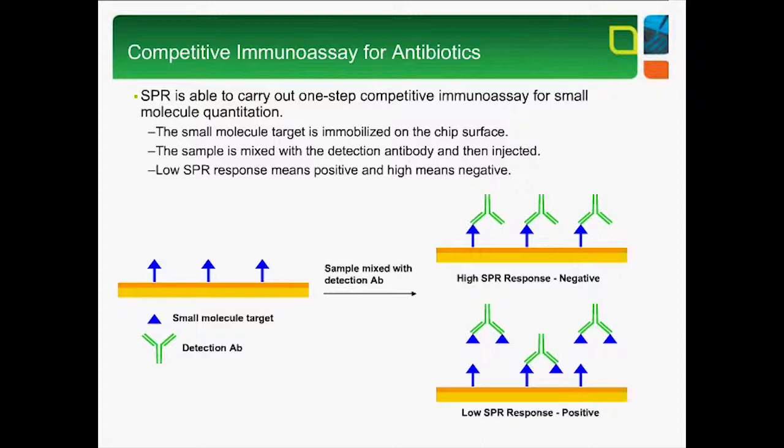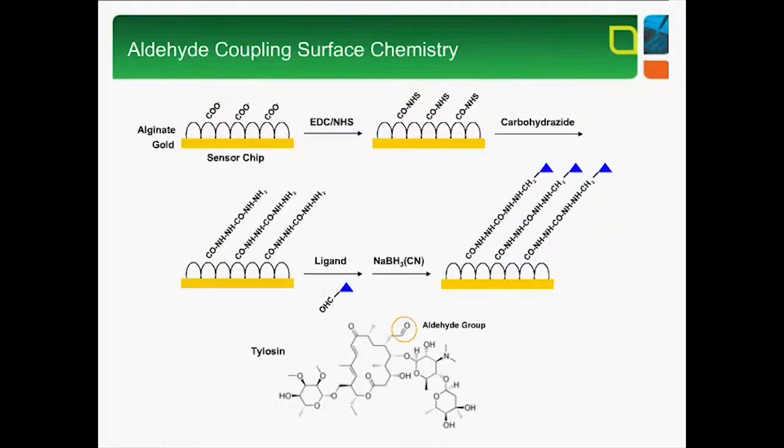Otherwise, you will see a strong signal from the binding of the antibody samples because these antibodies are not saturated by the antibiotics in the food sample, and since it's a large molecule, it will generate significant signal in SPR experiments. As a proof of concept, we detected spiked milk samples.